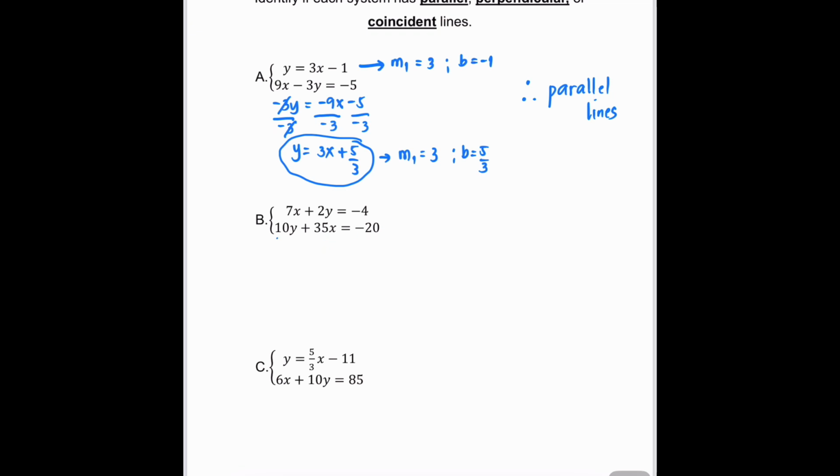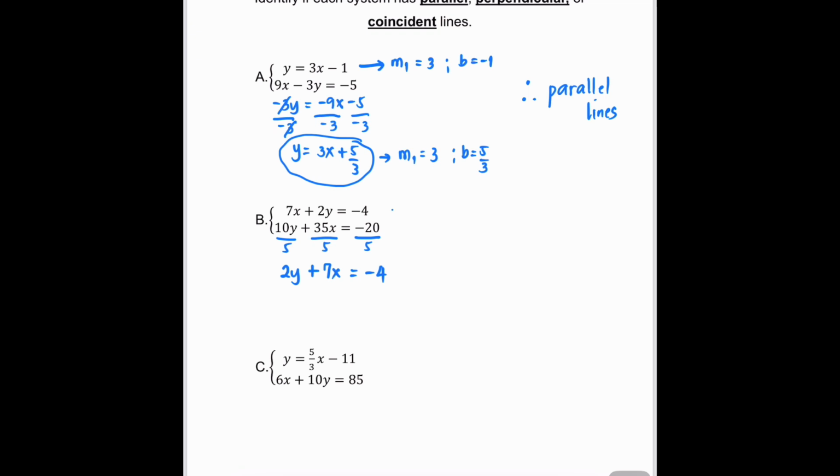So if we do that, 10y divided by 5 is 2y, 35 divided by 5 is 7, -20 divided by 5 is -4.